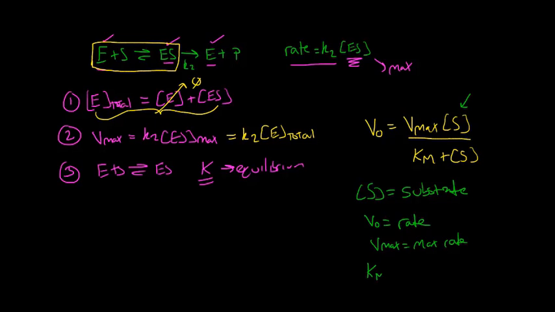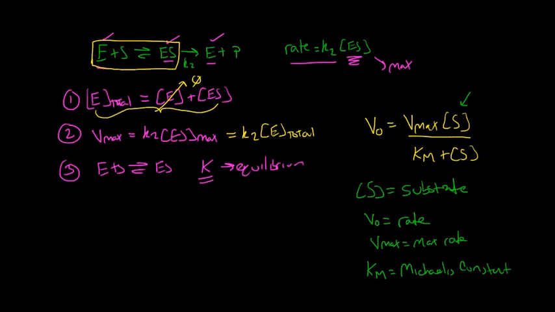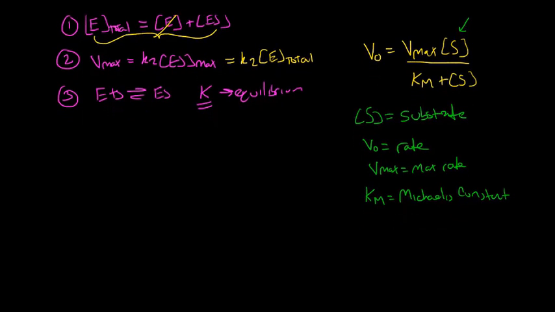Km is the last piece here. We call this our Michaelis constant, and you'll note that Km is a capital K, so it's an equilibrium constant. Specifically, this equilibrium constant deals with the enzyme-substrate complex dissociating into an enzyme plus a substrate.